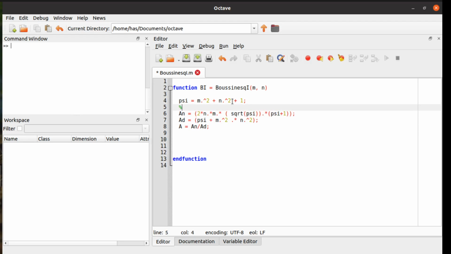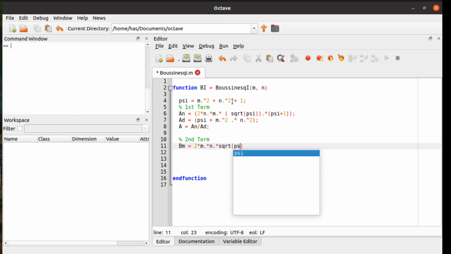This is the first term. Second term is b numerator, 2 times m, and then element-wise multiplication with n, another element-wise multiplication with square root of psi.